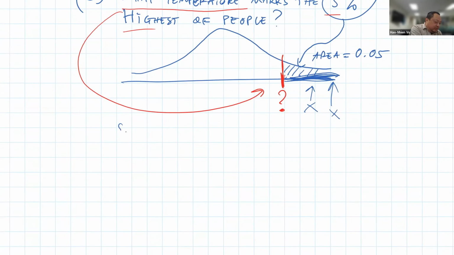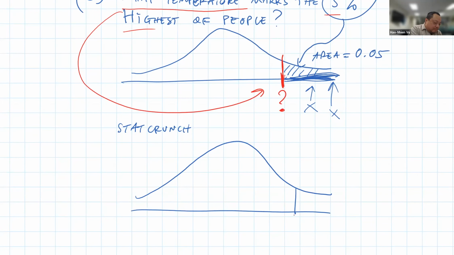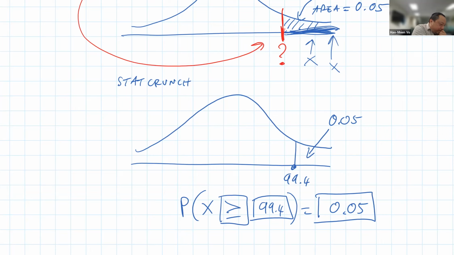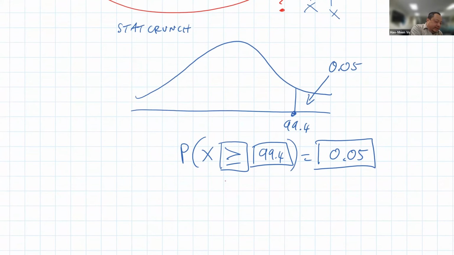So StatCrunch. The idea is you figure this out, determine this, and you type in 1.